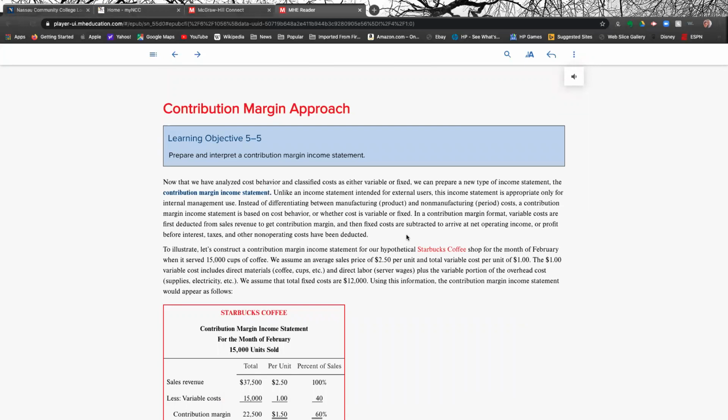There's fixed overhead, there's variable overhead. Administrative costs, there are fixed administrative costs, there are variable administrative costs, right? So when we read these problems, we have to just say to ourselves, okay, which costs are fixed, which are variable?